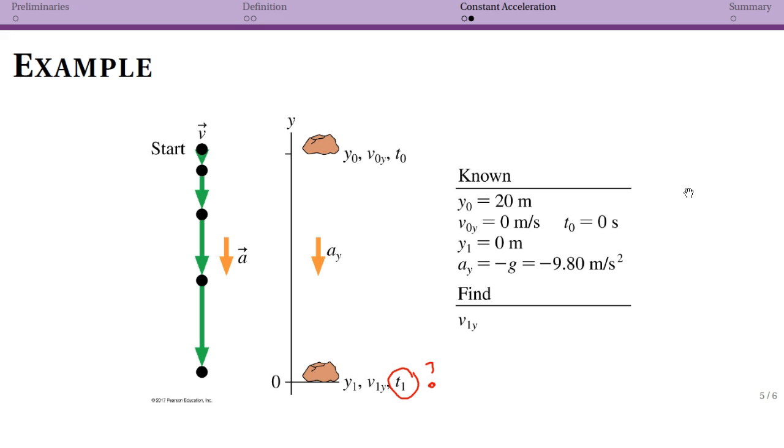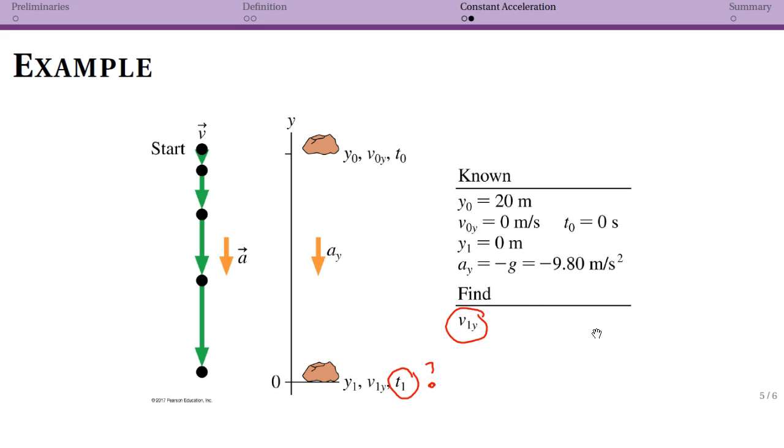So one thing that you'll see frequently are situations like this in constant acceleration and free fall, where you don't actually know the time that something is happening. But in this case, what you're trying to find in this problem is what the speed is when it hits the ground. Now, one thing I want to say is that frequently you would be drawing this motion diagram, this picture, and making this table.